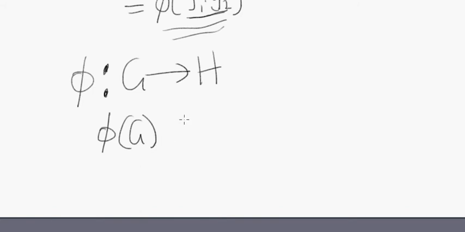So you could think of phi, a homomorphism, as a sort of function that takes us from one group to another, but has the interesting property that it always gives you a group at the end of the day. That is, it sends you from one group to another group.